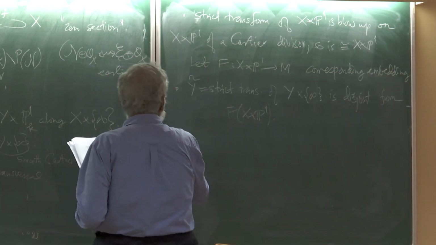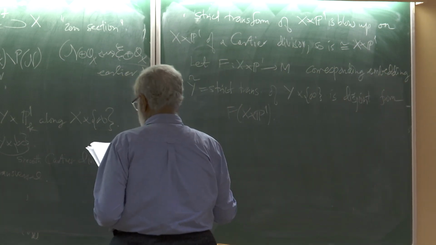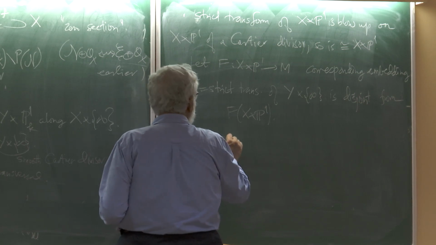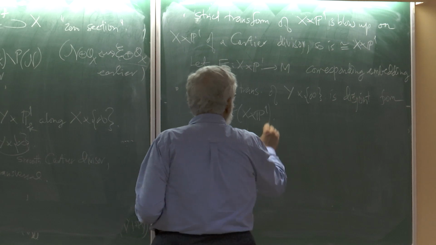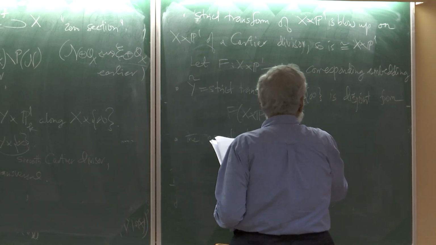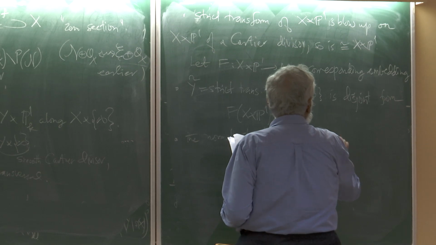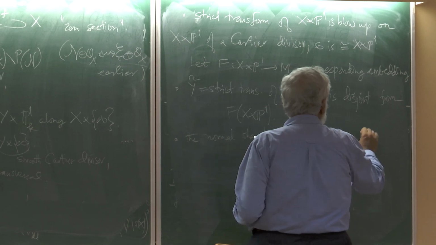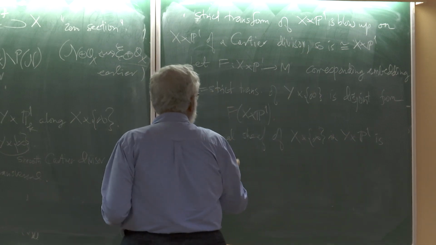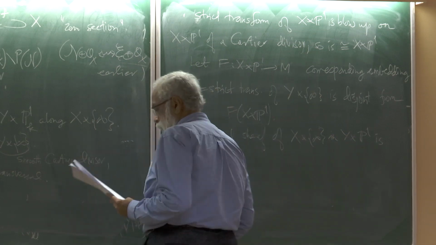And third, the normal sheaf of X cross infinity in Y cross P1 is N direct from OX.